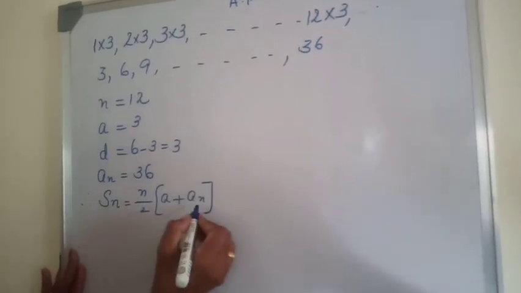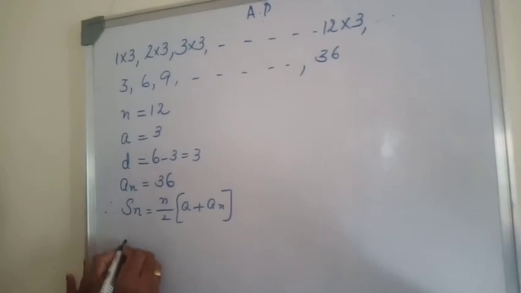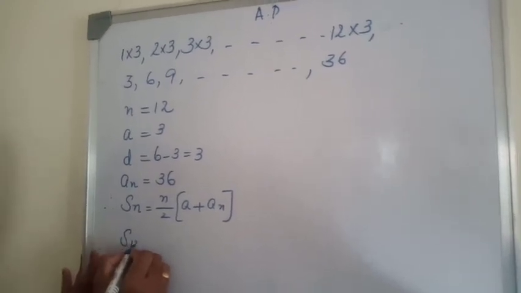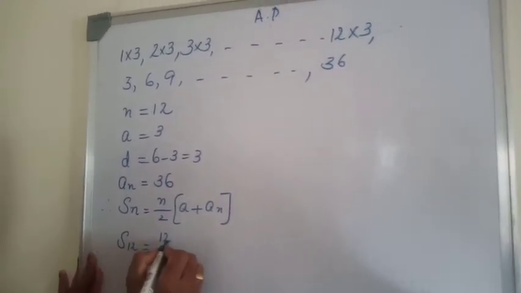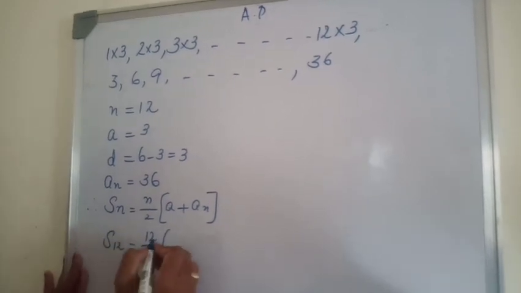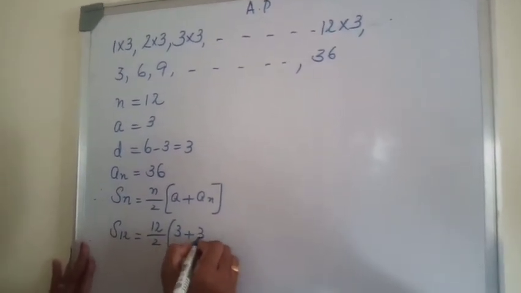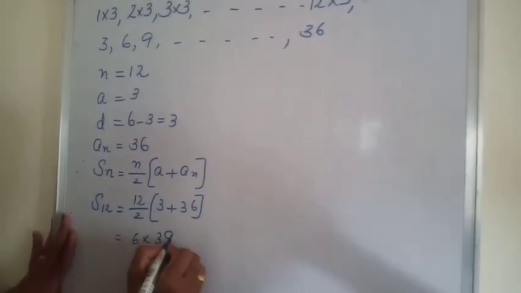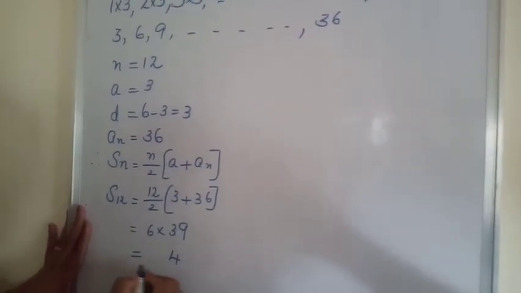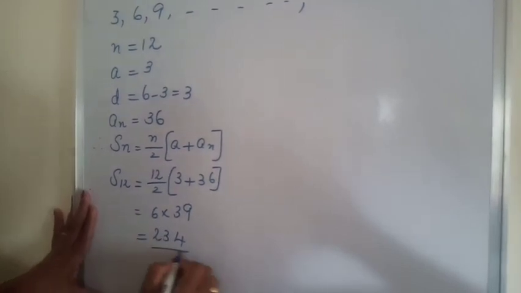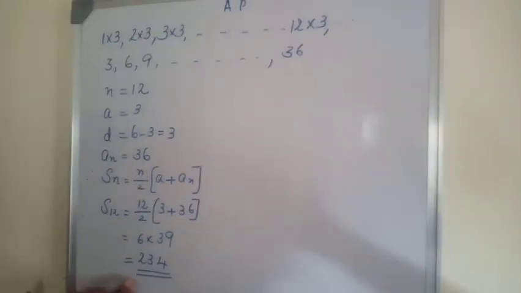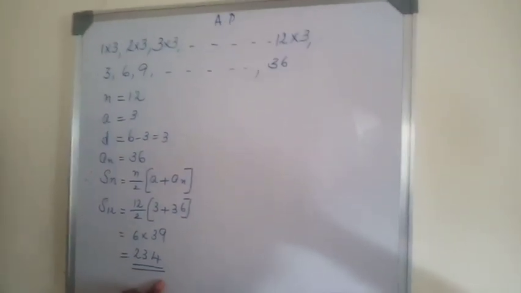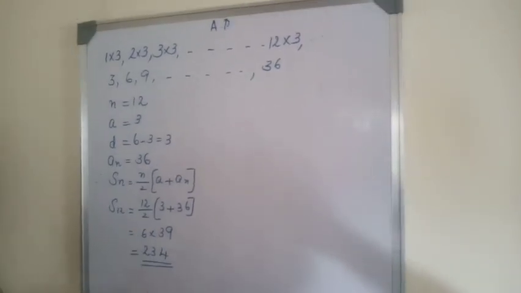As we have A and AN, we will use this formula. So, we wanted to find out S12. There are 12 classes. 12 by 2 into A is 3 plus 36 equals 6 into 39. So, how many trees will they plant? 234 plants they will plant.